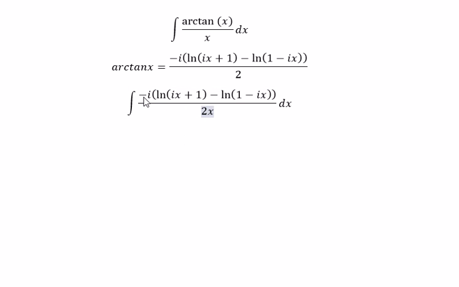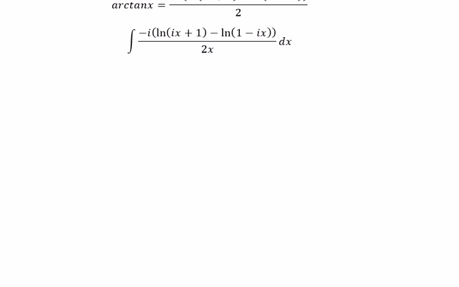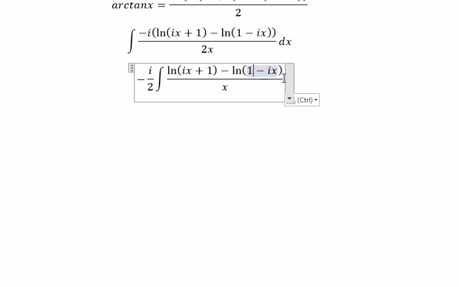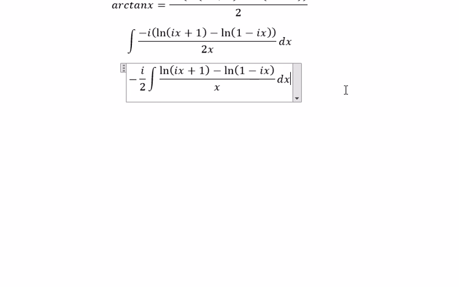Next, we put negative i and the number 2 outside. So we got this one in here, divided by s ds.